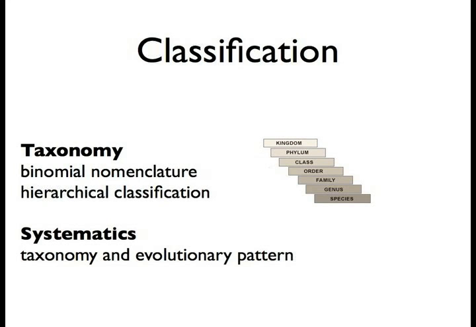So quickly back to our taxonomy and systematics slide. One of the things that you'll be responsible for is genus names, and one of the names you'll be responsible for is species. Now, these are the two lowest levels, the two lowest common levels within the Linnaean hierarchy. And that means that species has a particular kind of definition.